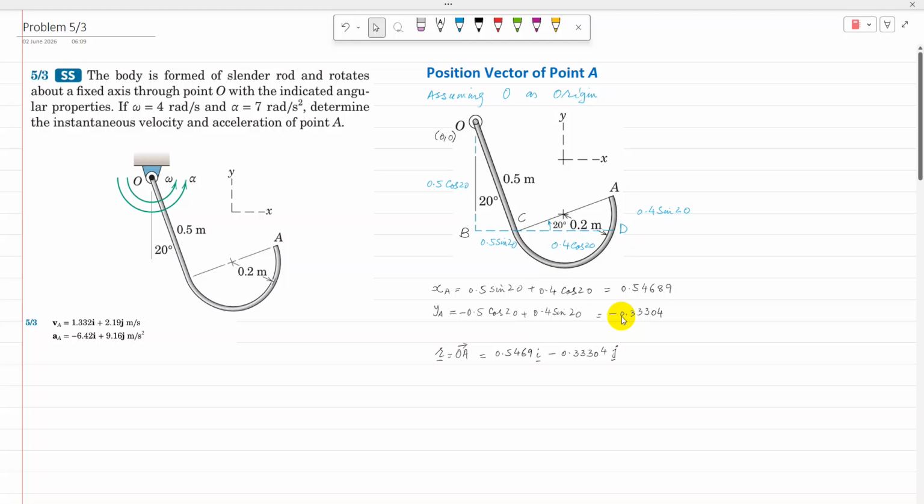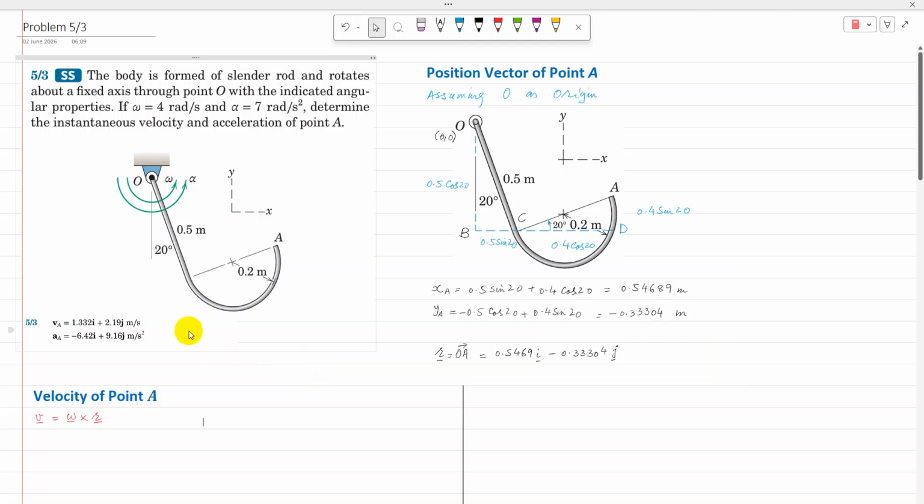So y_A comes as minus 0.33304 meters. So our position vector r is 0.5469 i minus 0.33304 j. This position vector will now be used to determine the velocity and acceleration of point A.